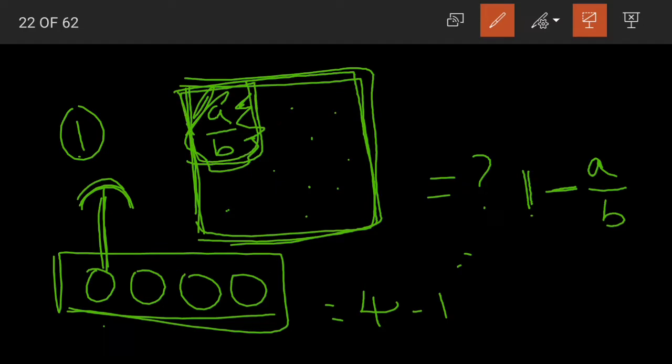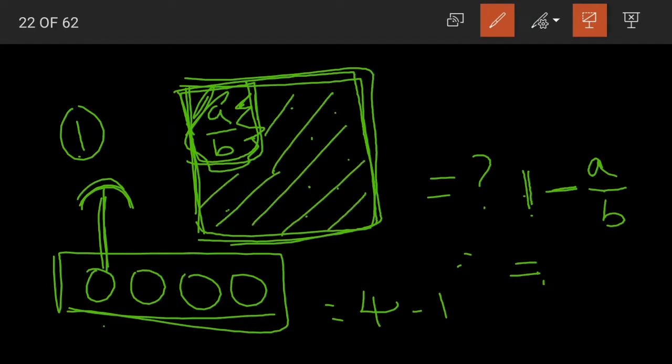A by B is already painted. So when we say 1 minus A by B, we will get the value of the part of the wall that is unpainted or to be painted. Understood, children? As this is in fraction, it might be a little confusing, but try to understand it in a simple way.